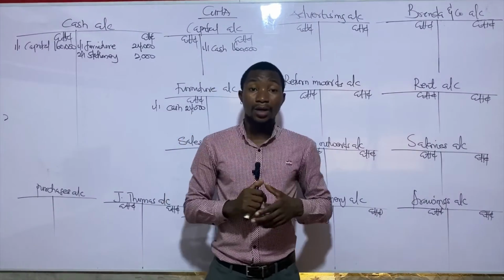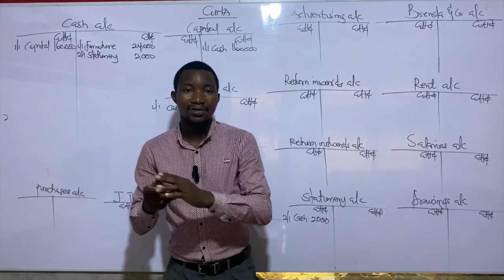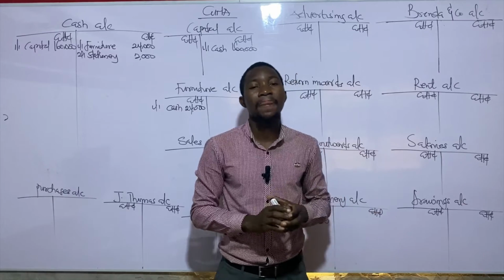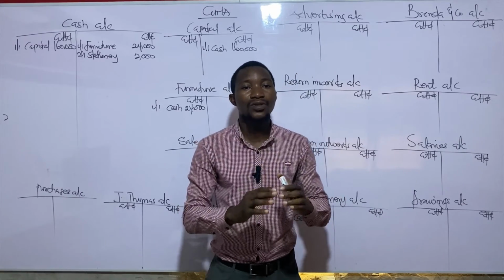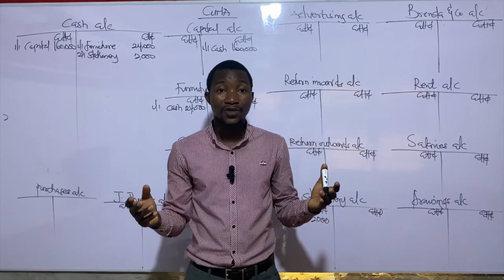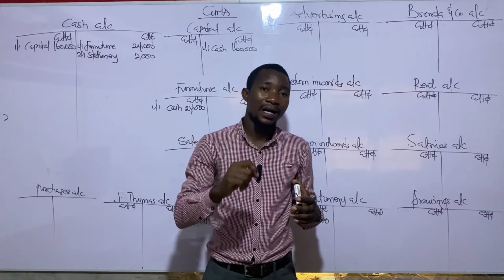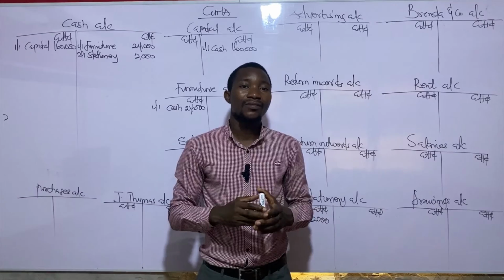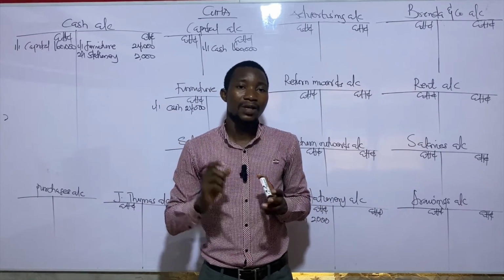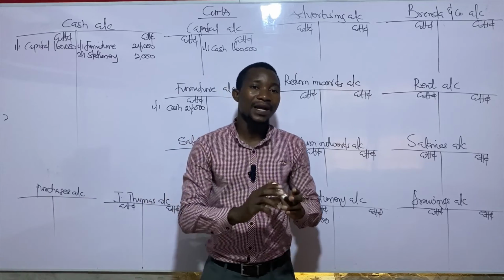Is this clear? Good. We move to real account. Real account records transactions relating to tangible items. These tangible items, examples are assets. We could have motor vehicle, furniture, stationery, so on and so forth. This account, its rule is that we debit what comes into the business, credit what goes out. There is another class called a nominal account.